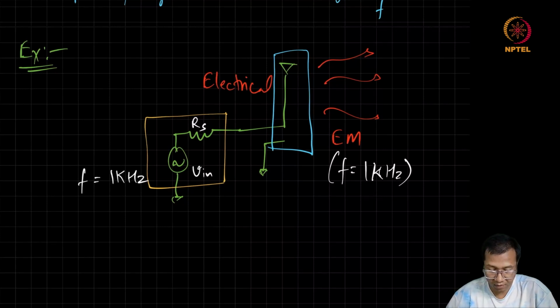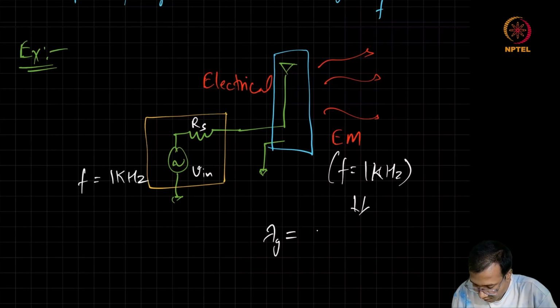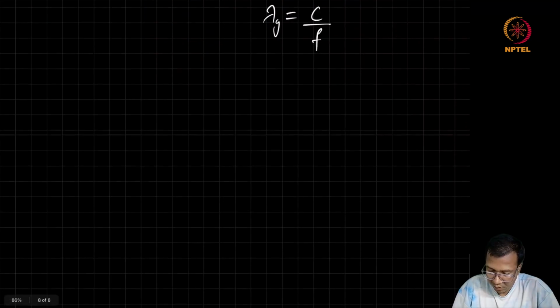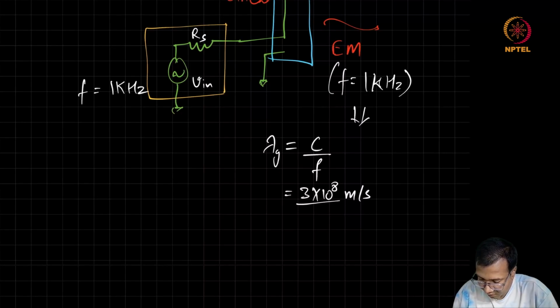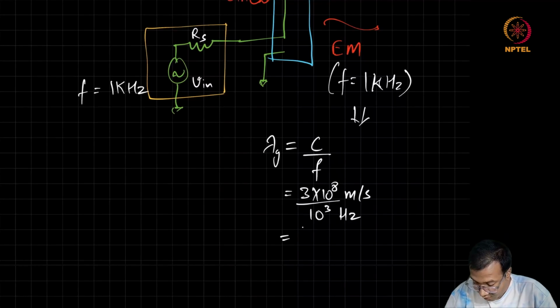So now if the frequency is 1 kilohertz, we can easily see that the guided wavelength of such electromagnetic waves is going to follow this relationship, which is 3 into 10 to the power 8 meter per second in free space divided by 10 to the power 3 hertz, and this is going to be equal to 3 into 10 to the power 5 meter or 300 kilometer.